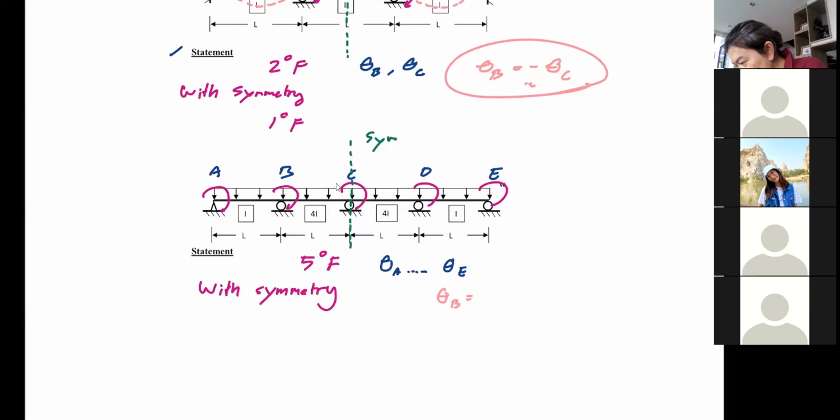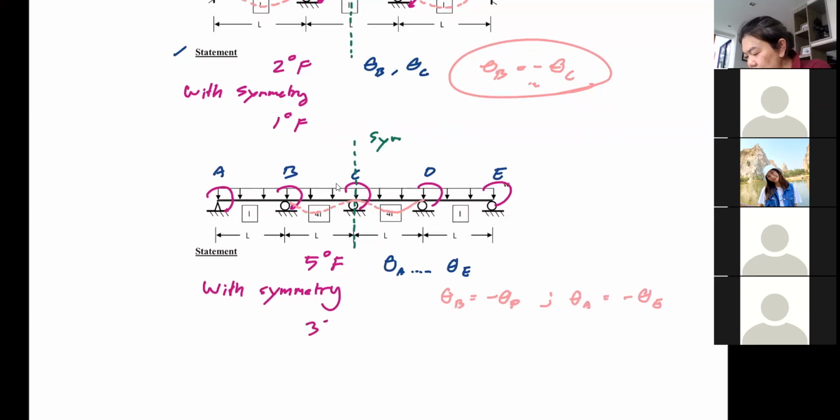Let me try to draw. This one is counterclockwise, that one is clockwise. So it is this, right? And then theta A is equal to minus theta E, right? So with symmetry, you are down to 3 degrees of freedom.